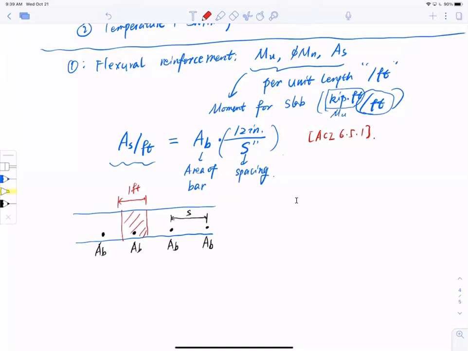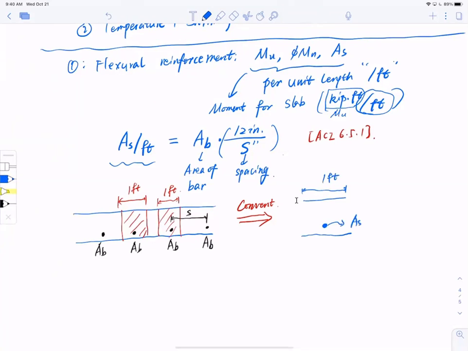It could be here, or it could be here. It could be anywhere, isn't it? So I have to convert this into an idealized section. This idealized section will have only 1 foot of distance, and we'll have an imaginary bar, and this is AS. Of course, it's per foot.